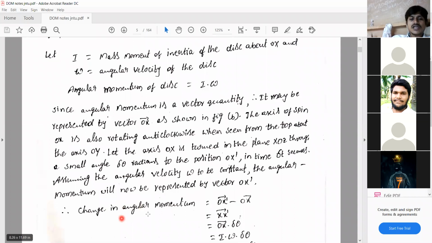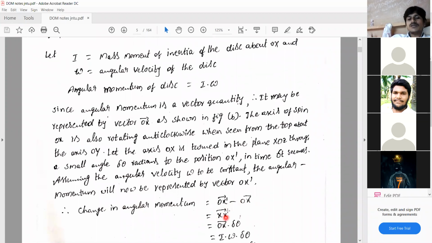The change in angular momentum equals OX dash minus OX. The new angular momentum is OX dash, and the previous angular momentum is OX. So that is the change of angular momentum.